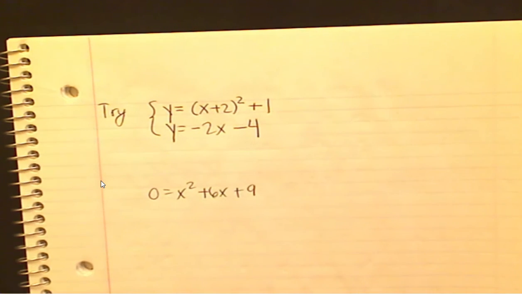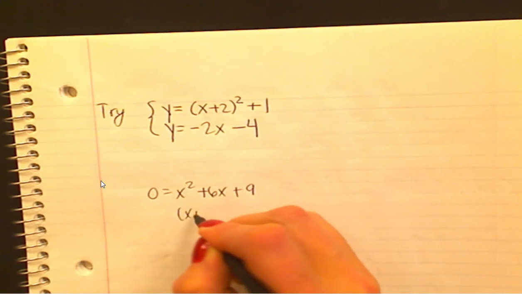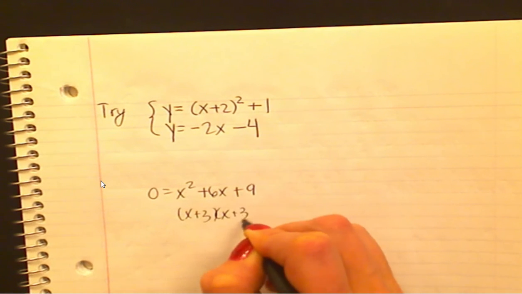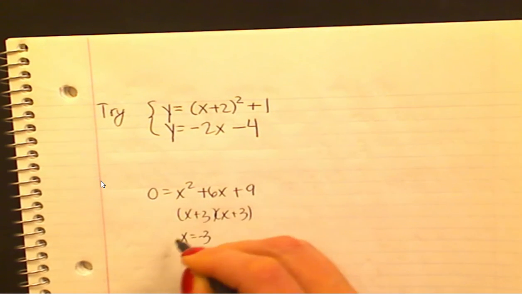You end up with a perfect square trinomial, which is what gives you a double solution of x equals negative 3.